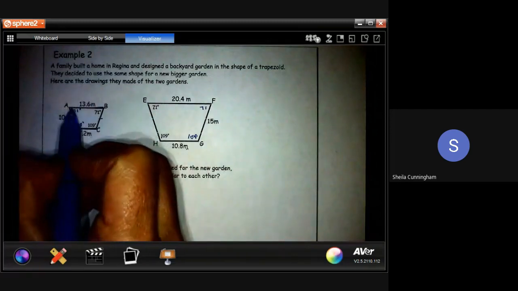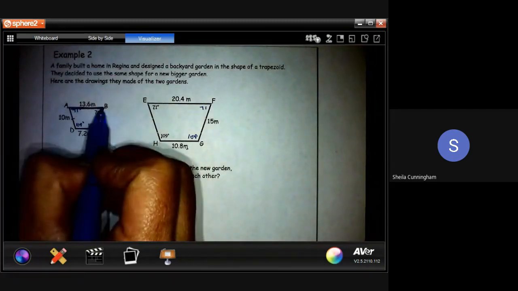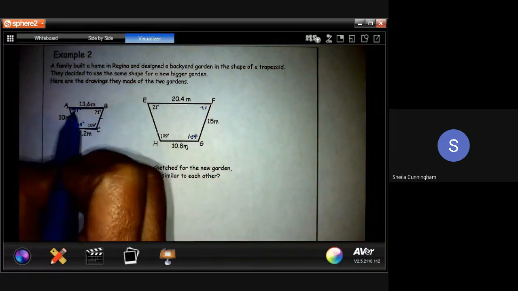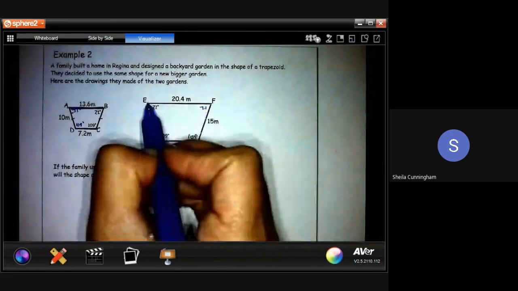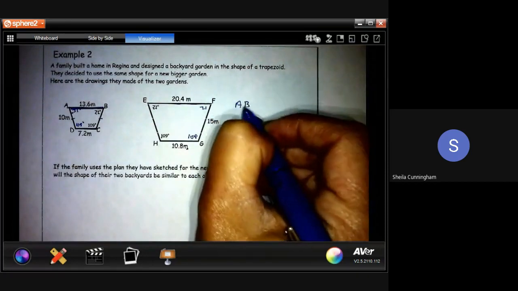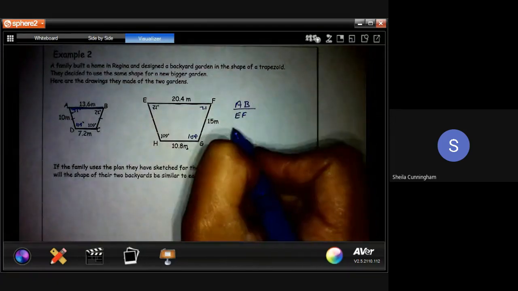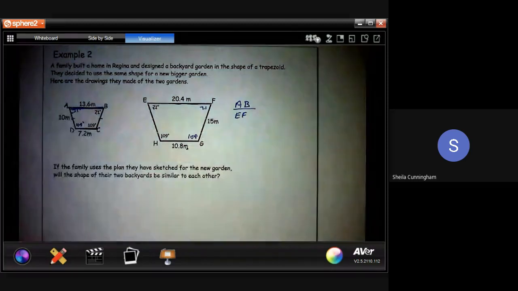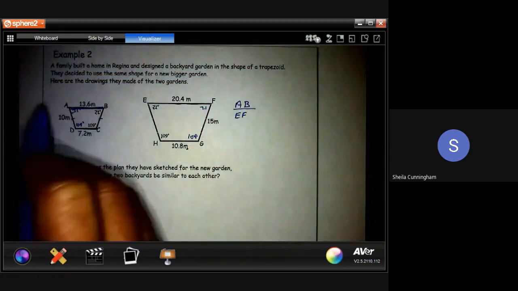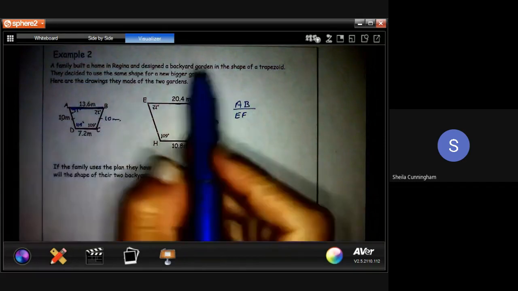In this instance, I'm taking this side, AB, which corresponds to the 71 degrees here, and that corresponds to this side over here, EF. So I'm going to take AB over EF as a ratio. I'm also looking at other side relationships. If this is 10 meters, I know this side is 10 meters.